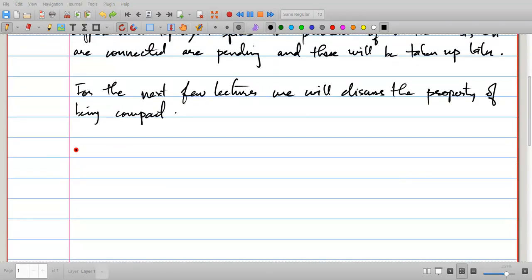But before defining compactness, let us recall the definition of Hausdorff.